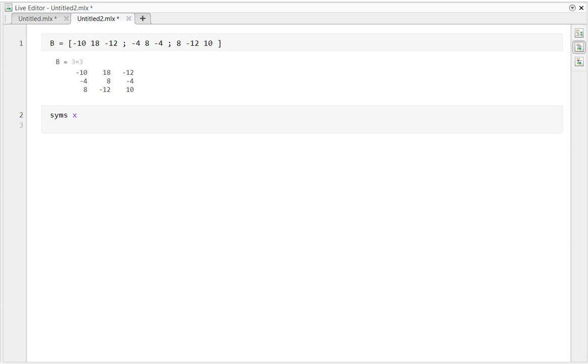I have an example matrix here. You can see this B matrix, and I want to calculate its eigenvalues and the corresponding eigenvectors. If you're going to use the characteristic polynomial, you can do this without the syms x, but to do this you need the Symbolic Math Toolbox. If you downloaded MATLAB onto your hard drive, you can go back to the MATLAB install and go through all the same steps that you did at the UNG-IT page.